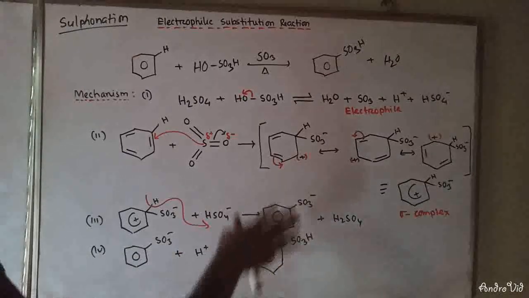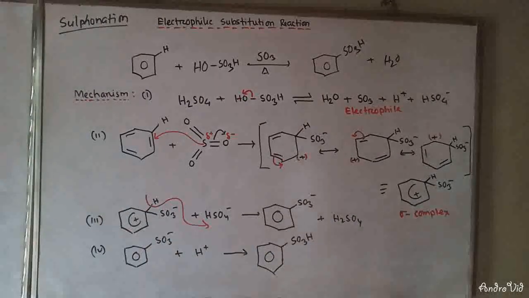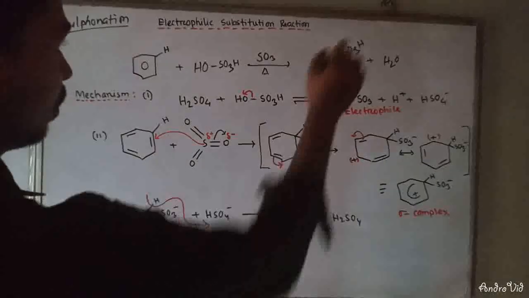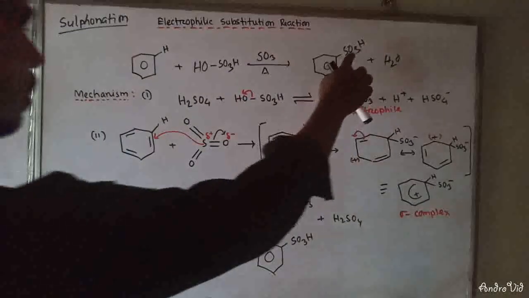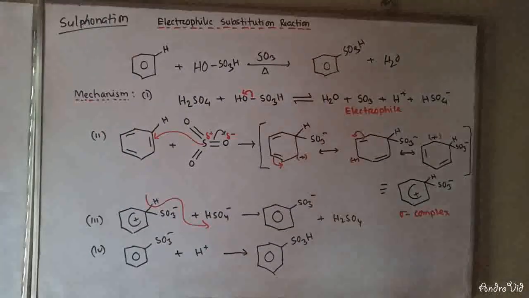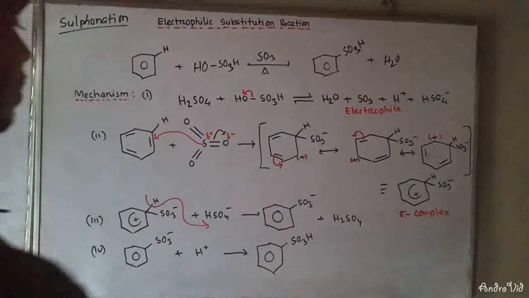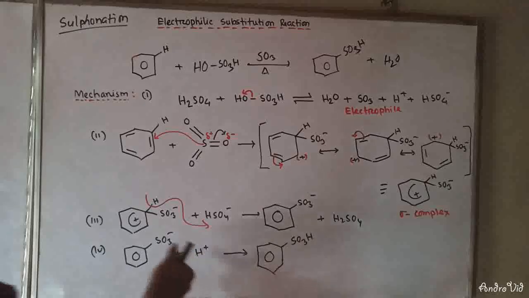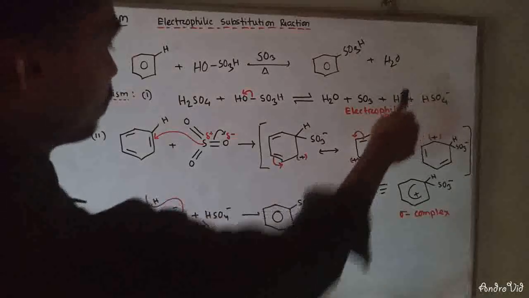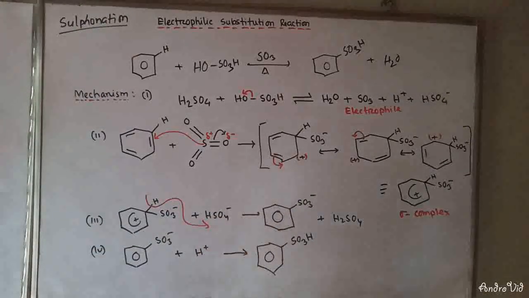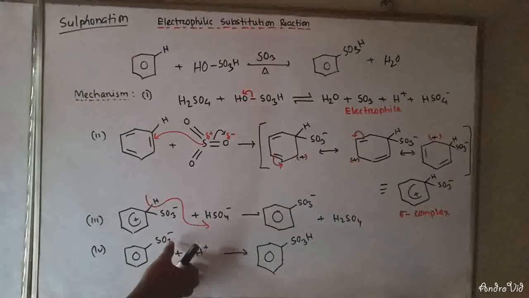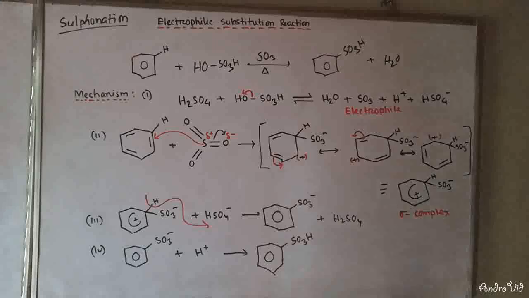After formation of this compound, a proton is needed. You have already seen on the board that hydrogen is also present here. So the name of this compound is basically benzene sulfonic acid. So a proton should come here to connect with the sulfur trioxide group, and they form a bond, and in this way the compound becomes neutral and forms benzene sulfonic acid as the product.